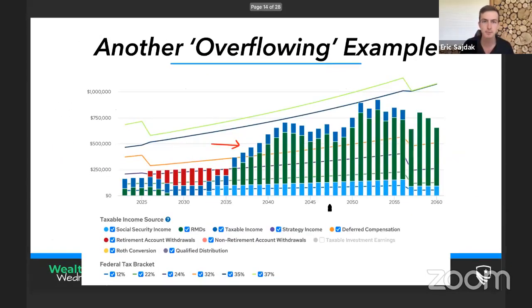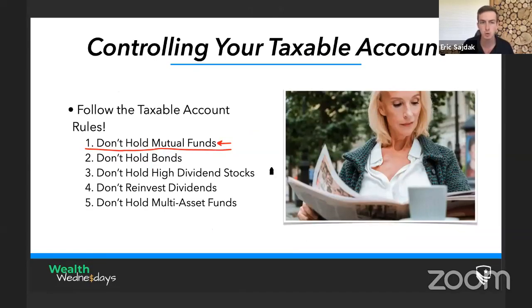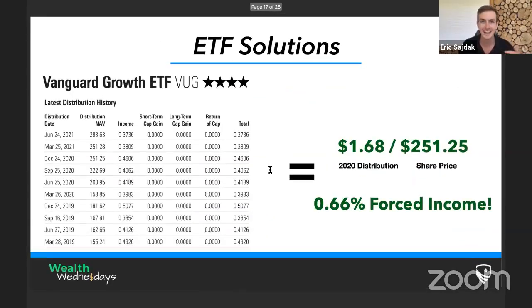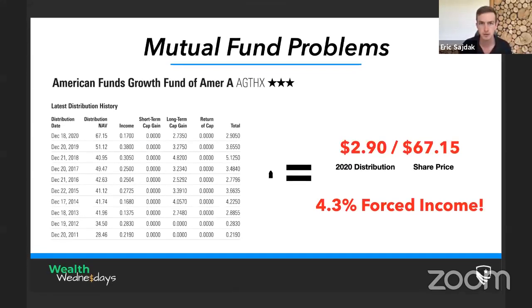Let's bring back and talk about why you shouldn't hold mutual funds, why you should hold more tax efficient ETFs. A problem with mutual funds is the way that mutual funds are structured, they pass through all of these tax liabilities to whoever owns the mutual fund.